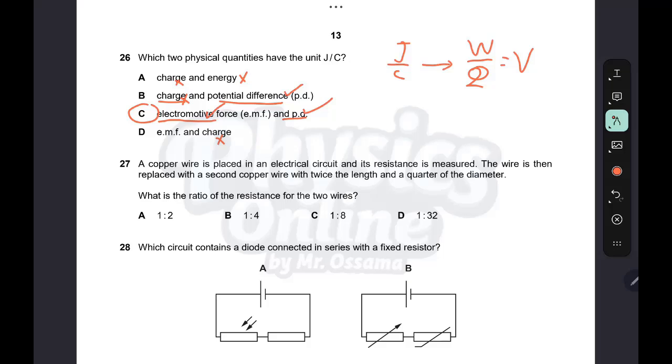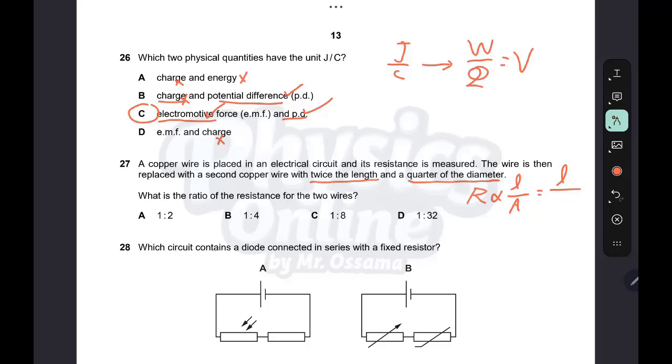Question 27. A copper wire is placed in an electric circuit and its resistance is measured. The wire is then replaced with a second wire with twice the length and a quarter of the diameter. What is the ratio of resistance for the two wires? In the beginning, R is proportional to L over A. We don't have the cross-section area here, but we have the diameter.